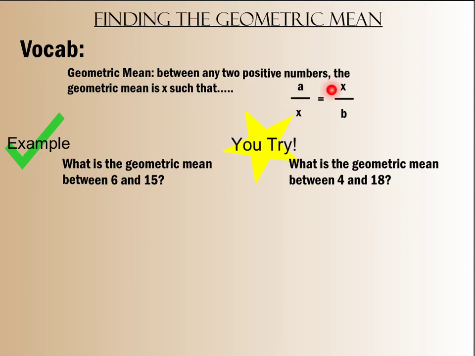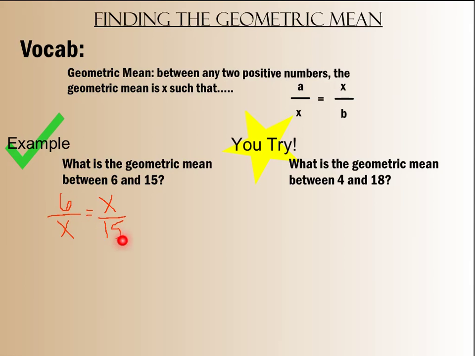This helps us find our geometric mean. We put in the letter x, we substitute in our 2 different numbers, a and b, and then we're going to solve by cross multiplication. So the first example here, if I want the geometric mean between 6 and 15, I say, okay, so 6 over x equals x over 15.